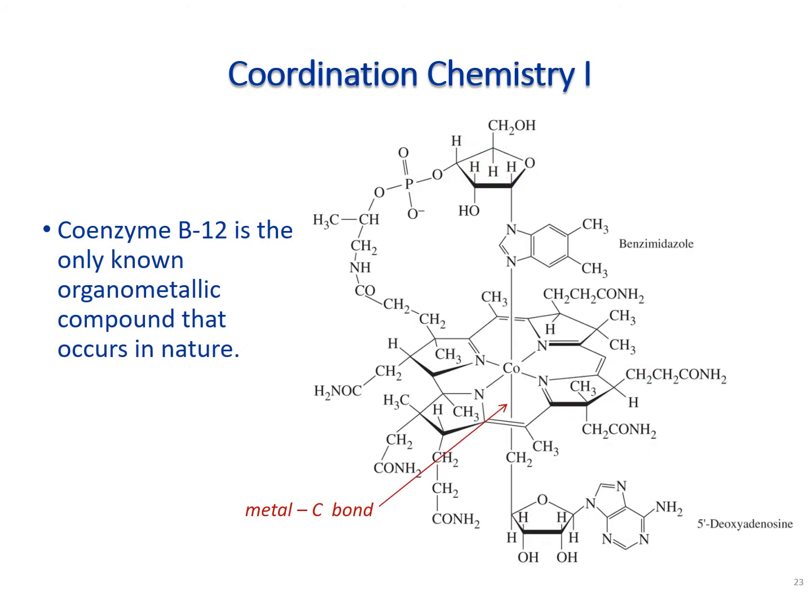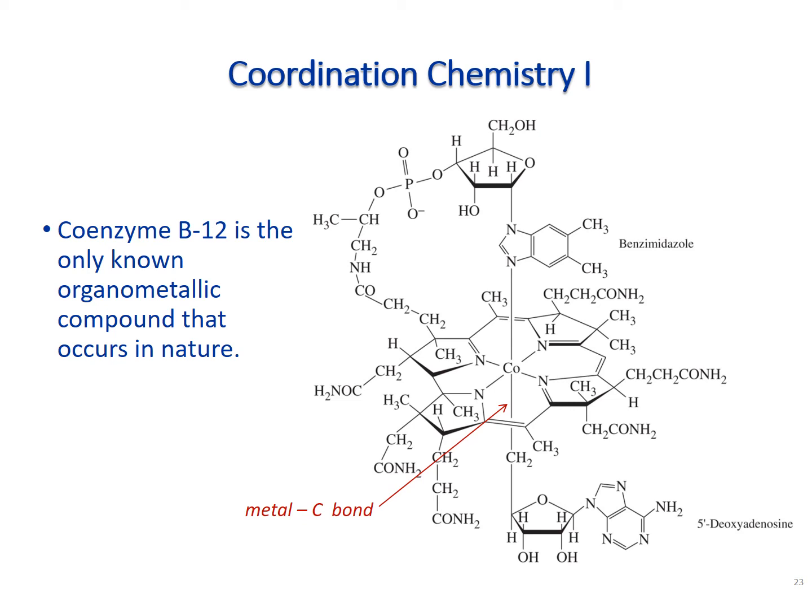Another interesting scenario from nature, coenzyme B12 is actually the only known organometallic compound that exists in nature. And just as what we mean by organometallic compound, organometallic means that you have a metal bonded to a carbon, so a direct bond between a metal and a carbon. So that's the organo, which is organic, right? Carbon, and metallic, metal.